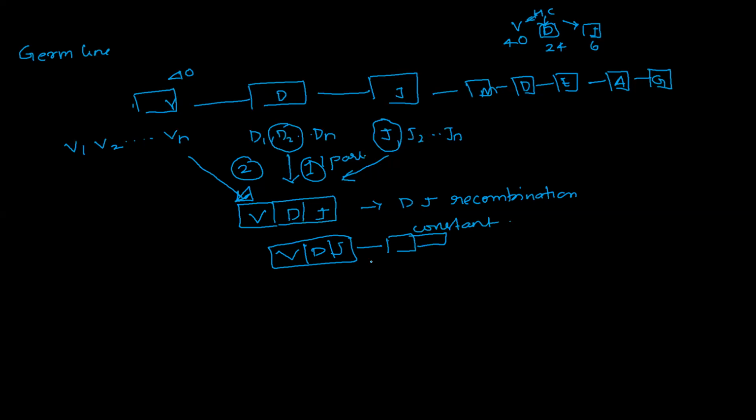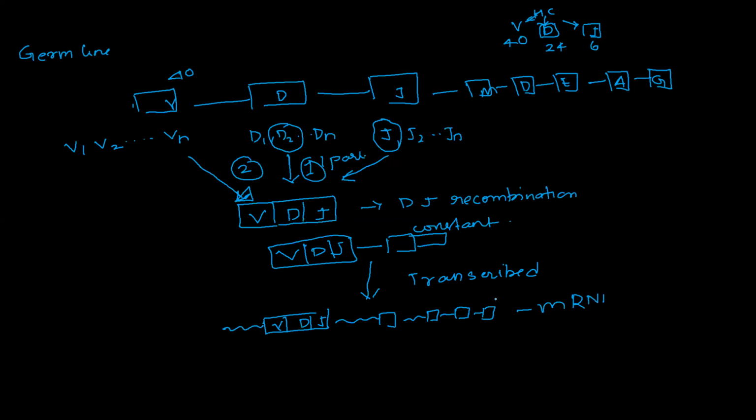Now what happens from here? It gets transcribed. Now it will have V, D, and J, followed by the constant. This is the mRNA, after which splicing occurs.